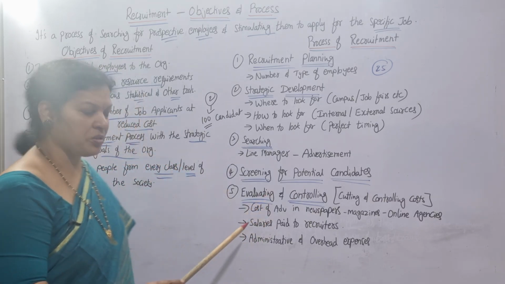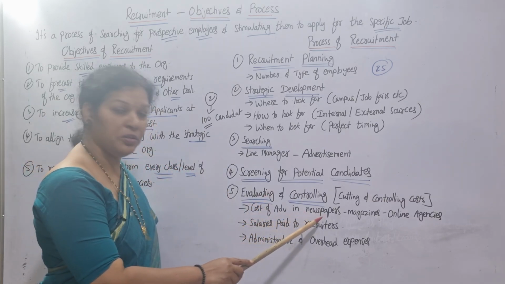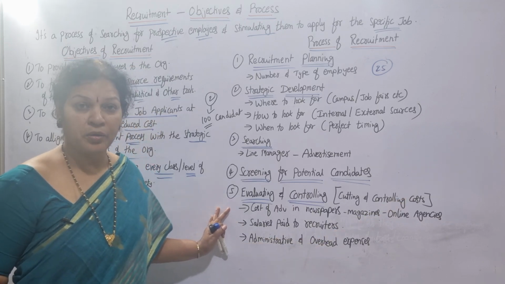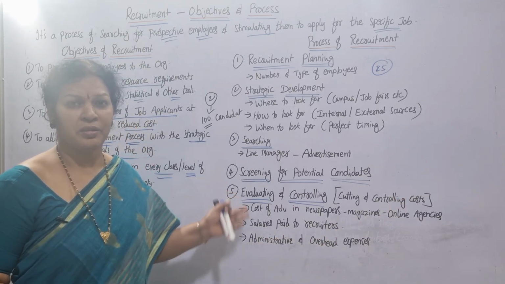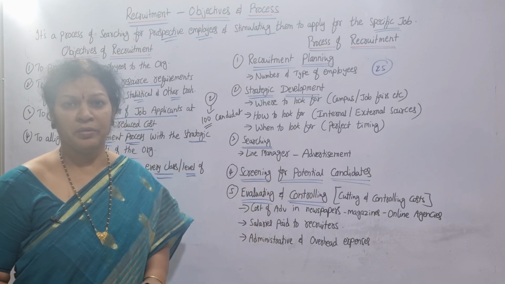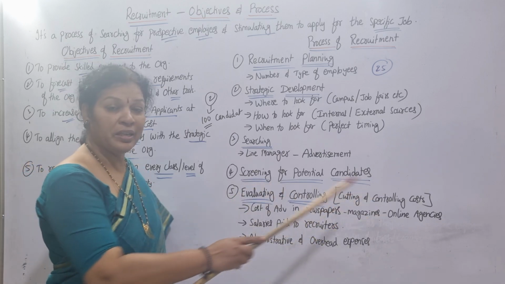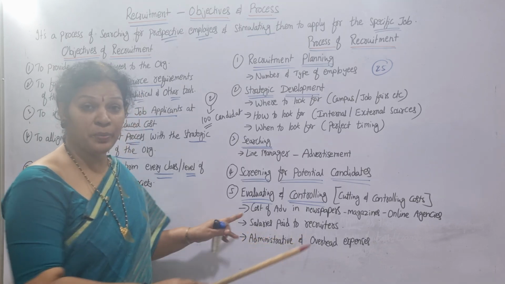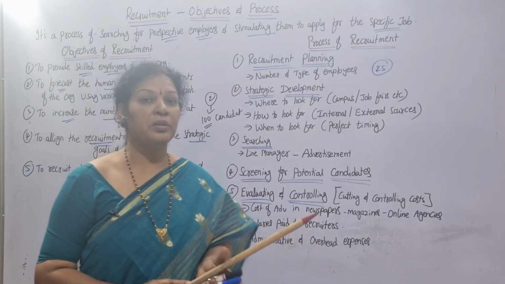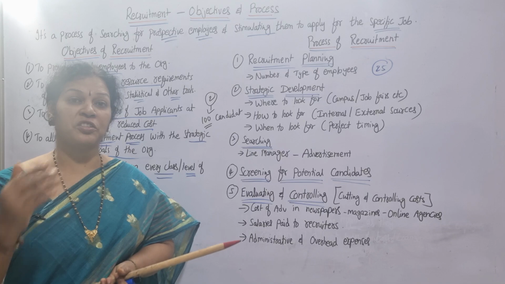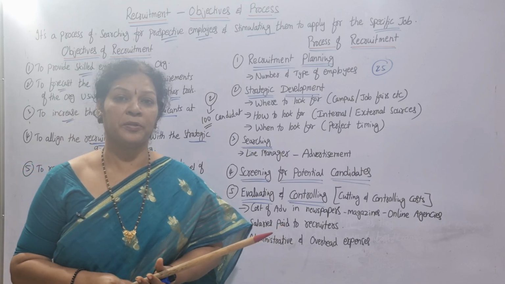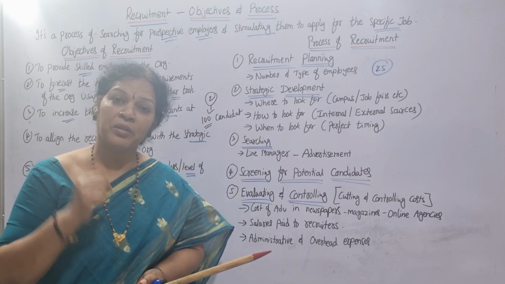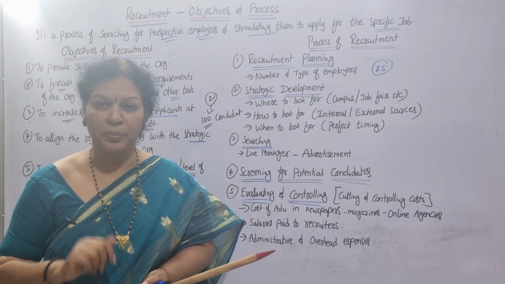Mainly these are the cost of advertisement, either in newspaper or magazine or online agencies like naukri.com, monster, etc. Their agencies also, you can contact them, you have to pay something, or otherwise salaries paid to the recruiters. Sometimes recruiters may be paid an extra amount for that recruitment process, and sometimes you have to hire recruiters from other organizations also, you have to pay for them.